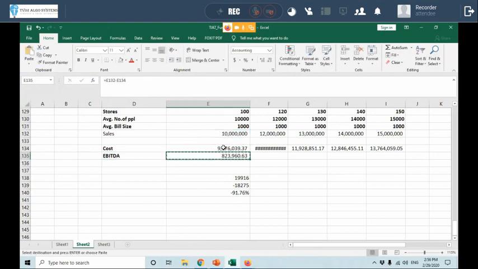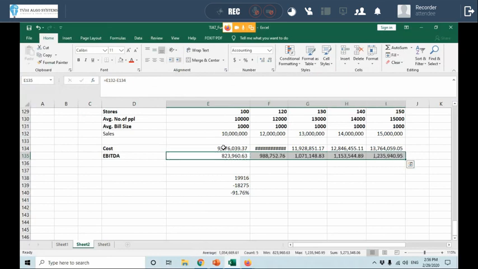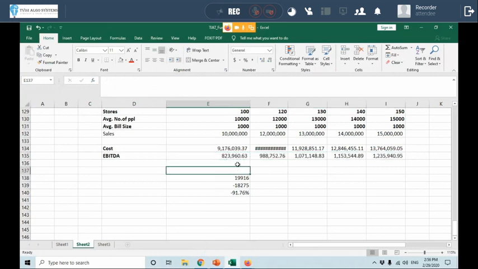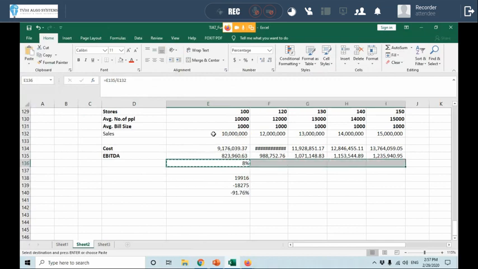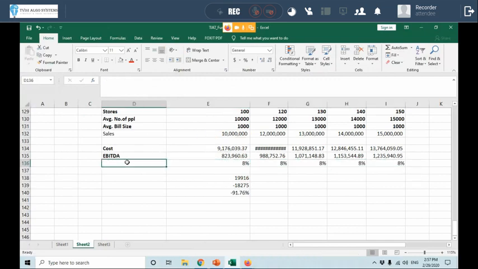This is my EBITDA. What is my EBITDA margin? It is equal to this divided by sales, 8%. This is my EBITDA margin.